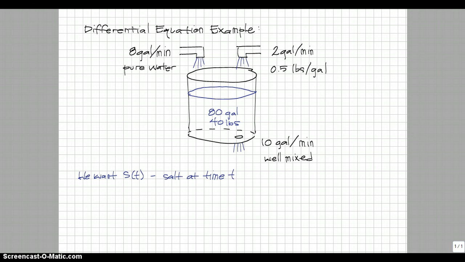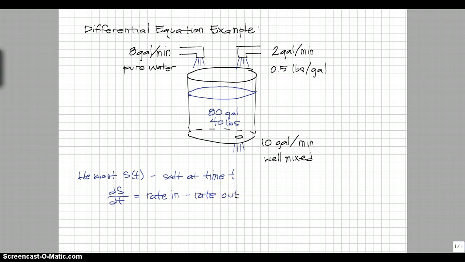So we're going to have to rely on something we know about solution problems like this, and that is that ds dt, the rate of change in the amount of salt in the tank, is equal to the rate that salt is coming into the tank minus the rate that salt is moving out of the tank.